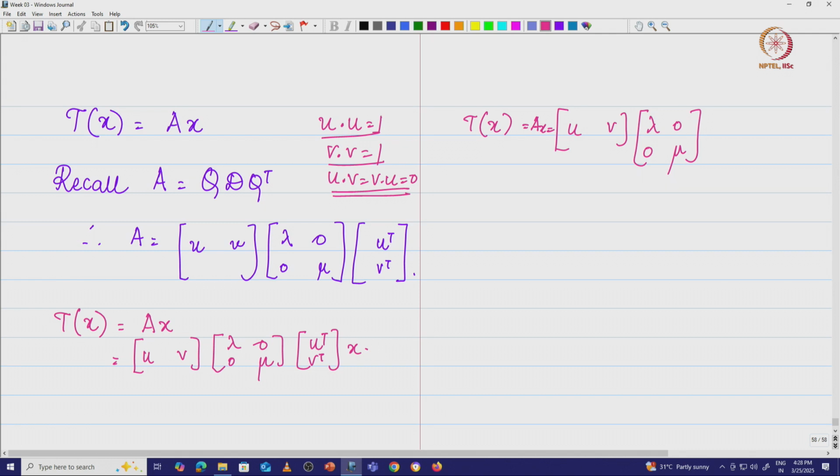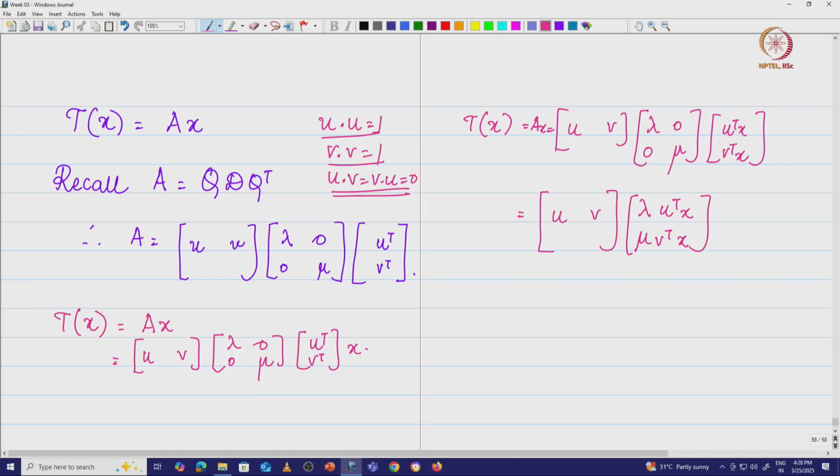So I had u transpose into x and v transpose into x. So I will take this as u transpose x, v transpose x, right. That is easy to do. So what do we have here? We have u v, then lambda u transpose x, mu v transpose x. So this is what we have.